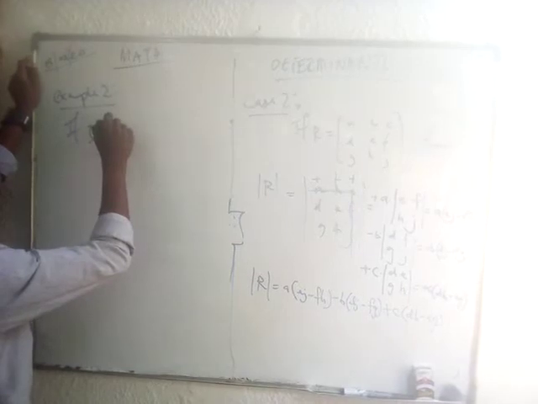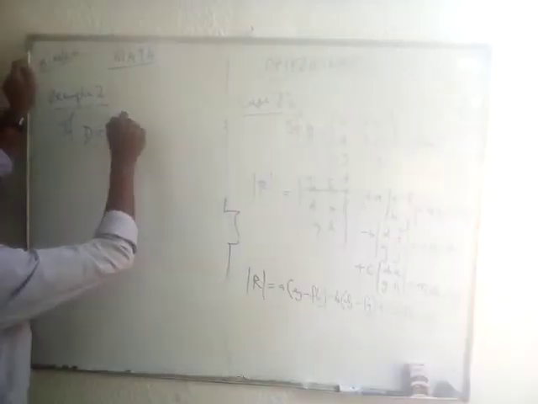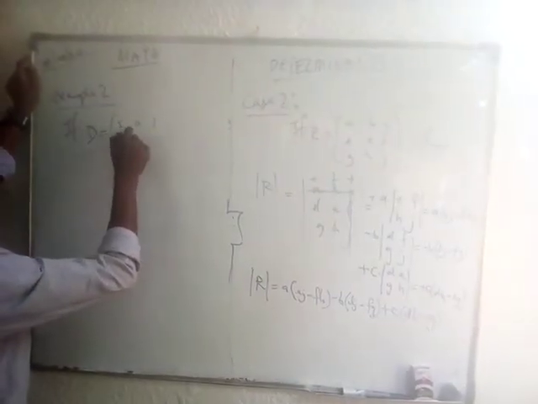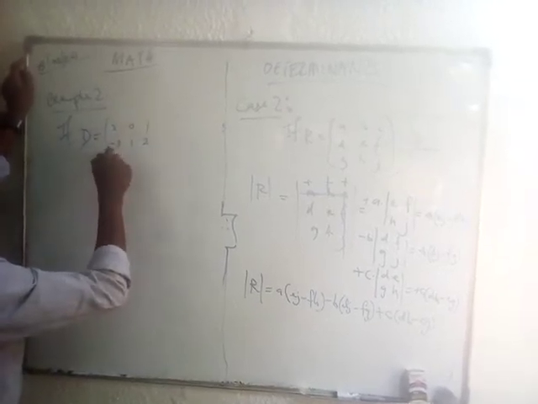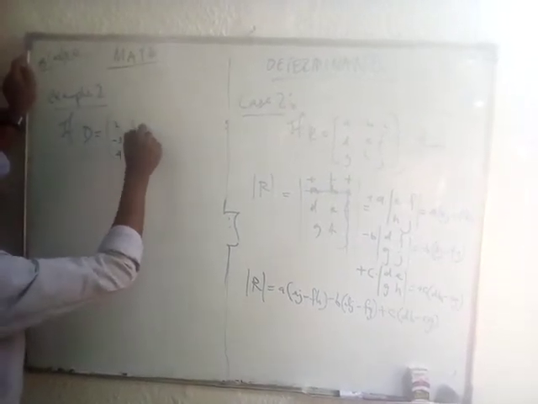T equals 2, 0, 1, minus 3, 1, 2, 4, 3, 0.